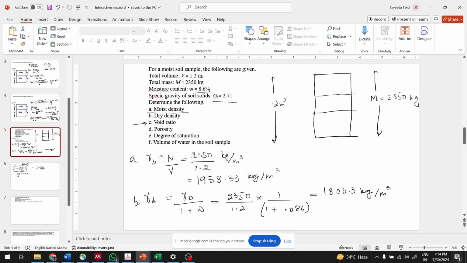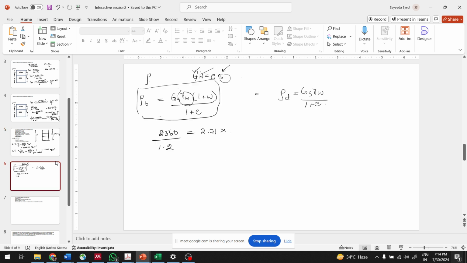This is kg per meter cube, so we have to take the gamma W in kg per meter cube. We take it as 1 gram per cc, but it is 1000 kg per meter cube.